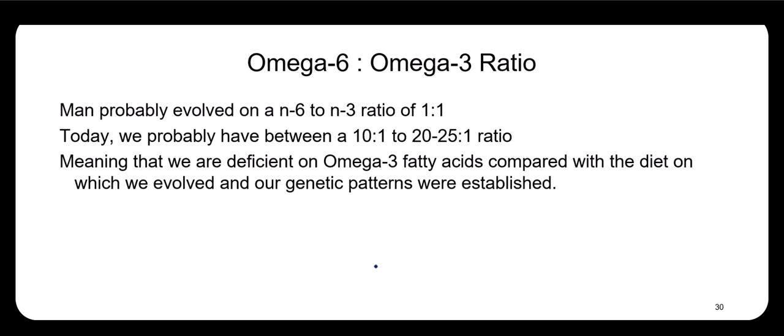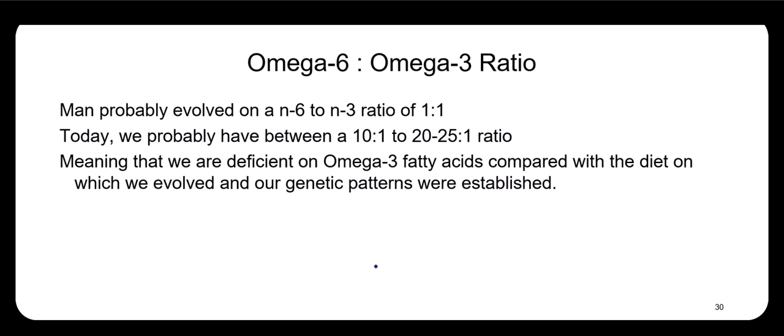So here's the gauntlet thing. A lot of researchers believe that we evolved when we were foraging for roots and berries on a roughly equal ratio of omega-3 to omega-6 fatty acids. Then along came the king and the clown, the Burger King and Ronald McDonald, and we started eating our food out of paper.